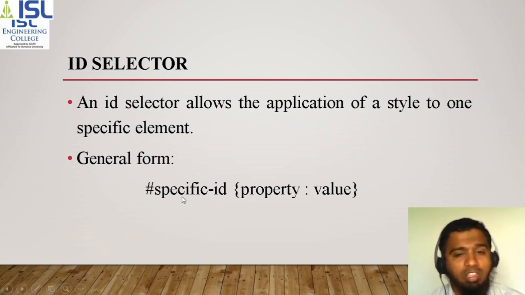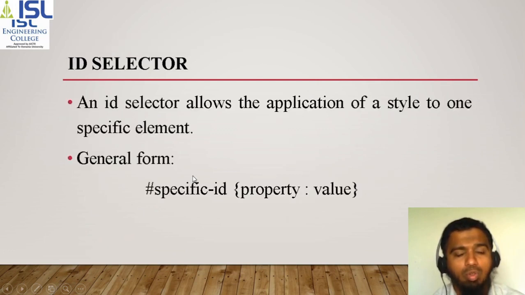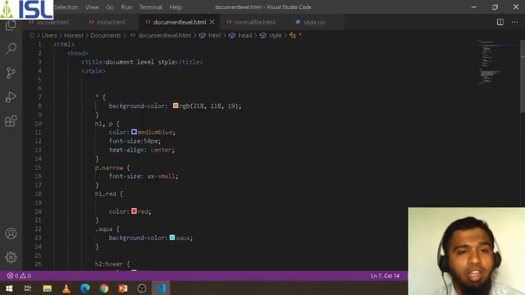The general form is the specific ID, then property and value. Here is a simple example. You can give any ID name.